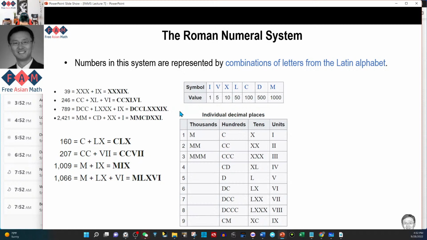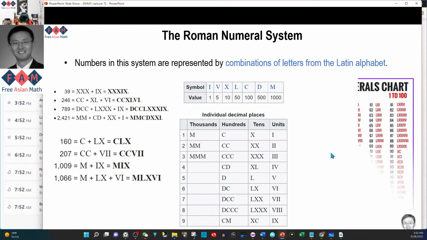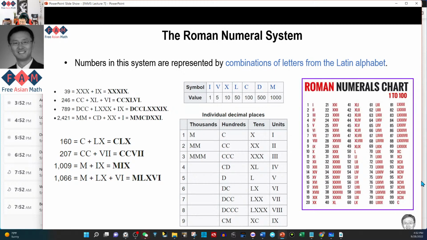Okay? So, just for the reference, this is a chart of the Roman numerals just from 1 to 100. Who can just memorize all those things? Well, people had to at that time. So, now you are convinced this is a very poor system, right?